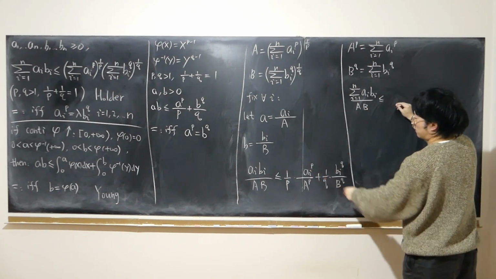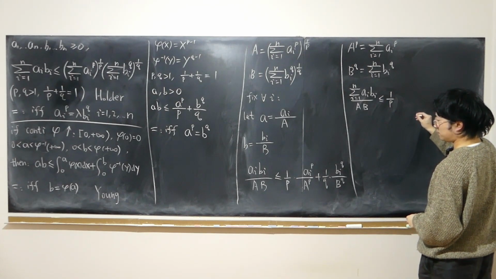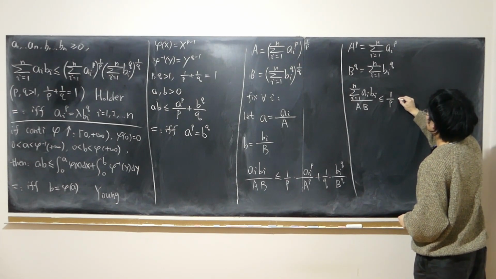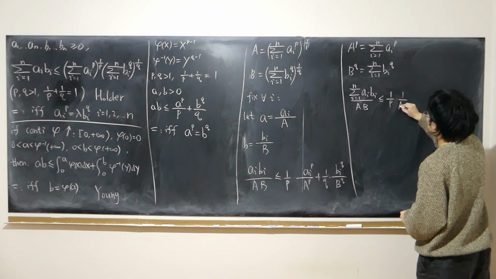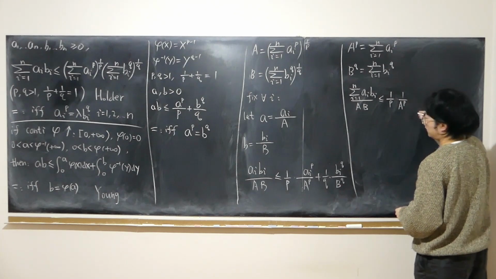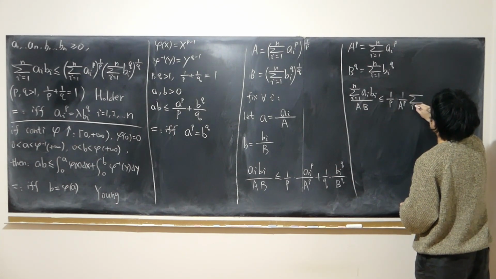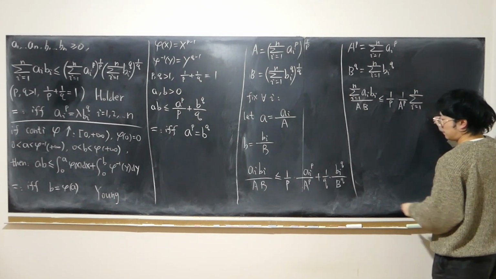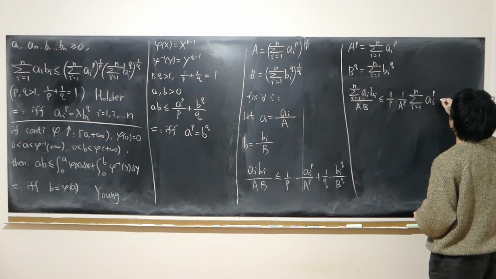So in the end, I have 1 over p times 1 over a to the power of p times sigma from 1 to n of ai to the p, right?